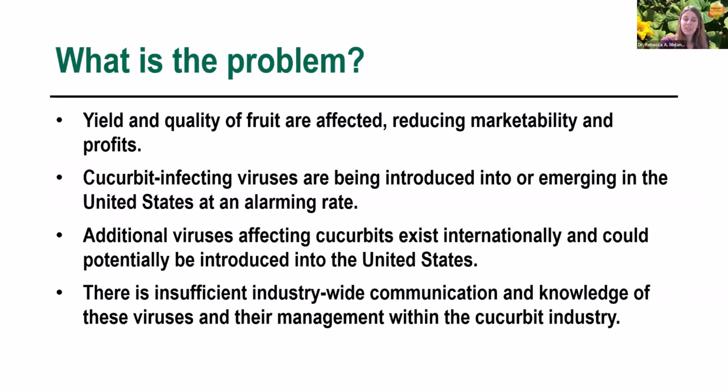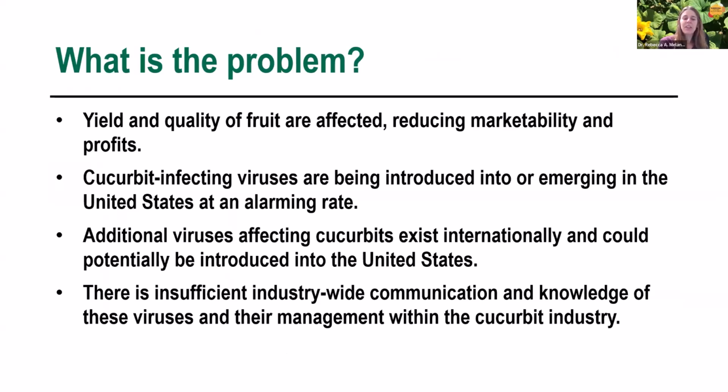So, as you have seen, the problem is that we have cucurbit viruses that affect the yield and quality of the fruit, and cause reduced marketability and profits. These viruses are being introduced into and emerging in the United States at an alarming rate. And additional viruses that I did not discuss do affect cucurbits and exist internationally and could potentially be introduced into the US.